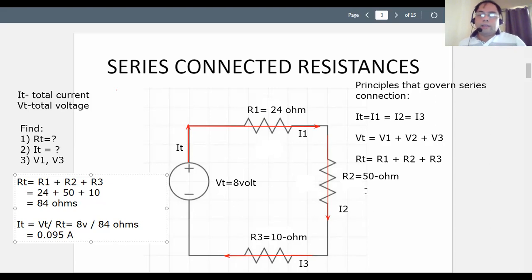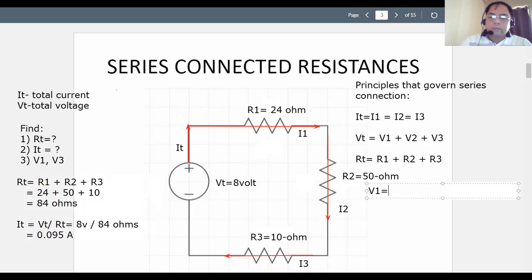Since we know the currents and we know their individual resistances, we are ready to solve for V1 and V3. If we solve for V sub 1, that will be I1 times R1. If we just remove the unit, ampere, we'll just have that decimal number, and multiply it with R1, which is 24.